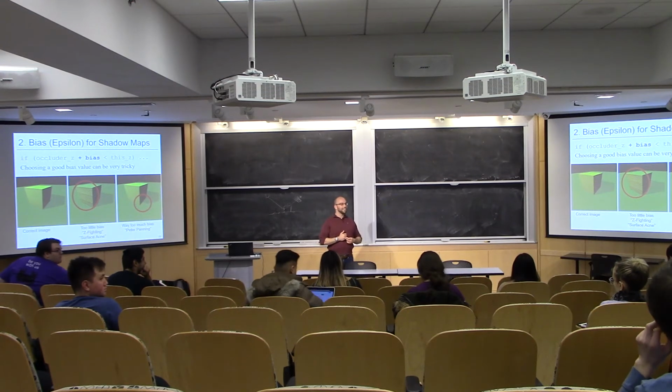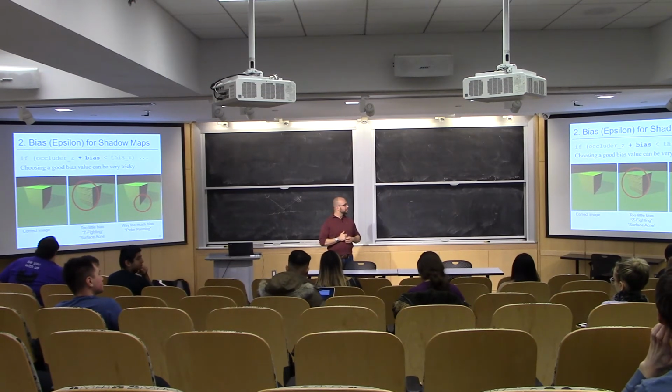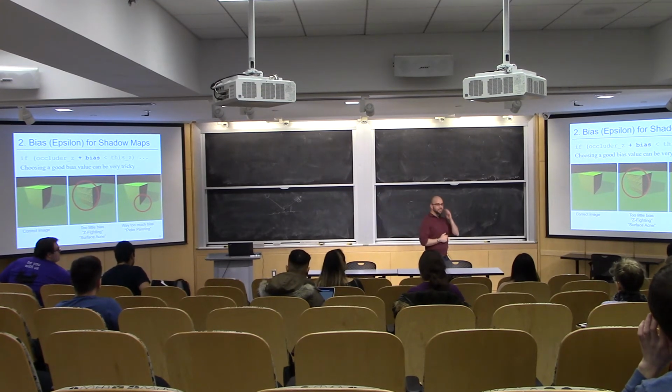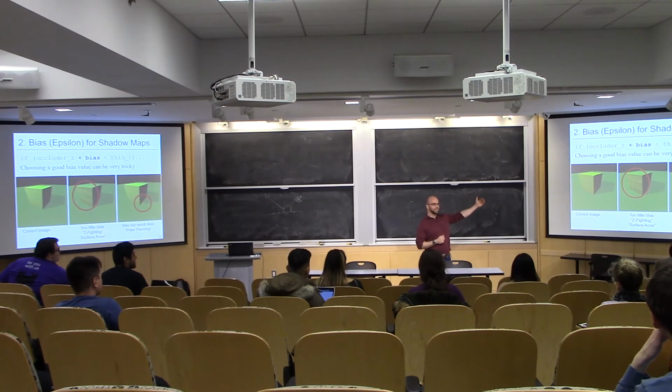Yes, Kawa. Why is the right side of the cube not... Anybody have a good answer? Why isn't the right side lit? Where's the light bulb here? It's probably up and to the left. So what do we know about the normal of the cube relative to the direction of the light?